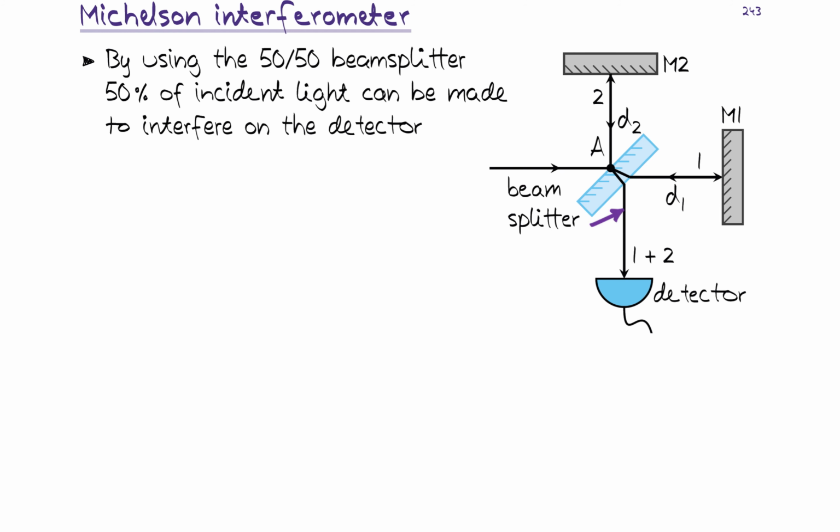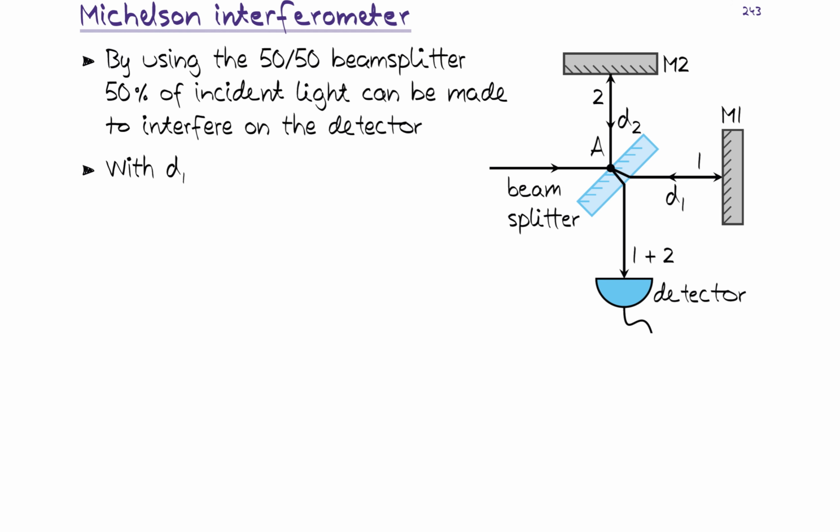And lo and behold, not all of the ray 1 actually is being guided into the detector. But again, 50% actually is being transmitted through the beam splitter. And that's why we are losing quite a bit of light in this configuration. But this is unavoidable, so there's nothing we can really do about it. It's just how this kind of interferometer works.